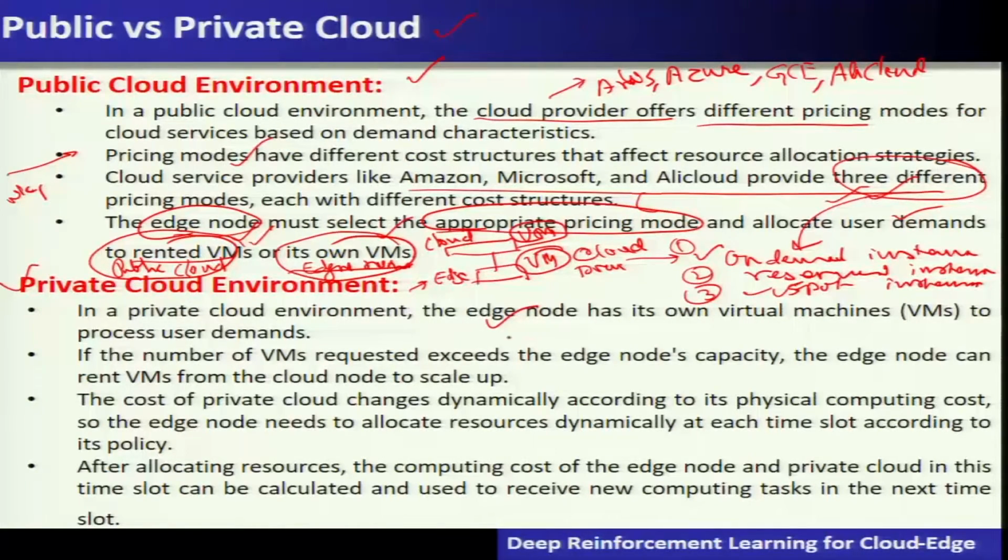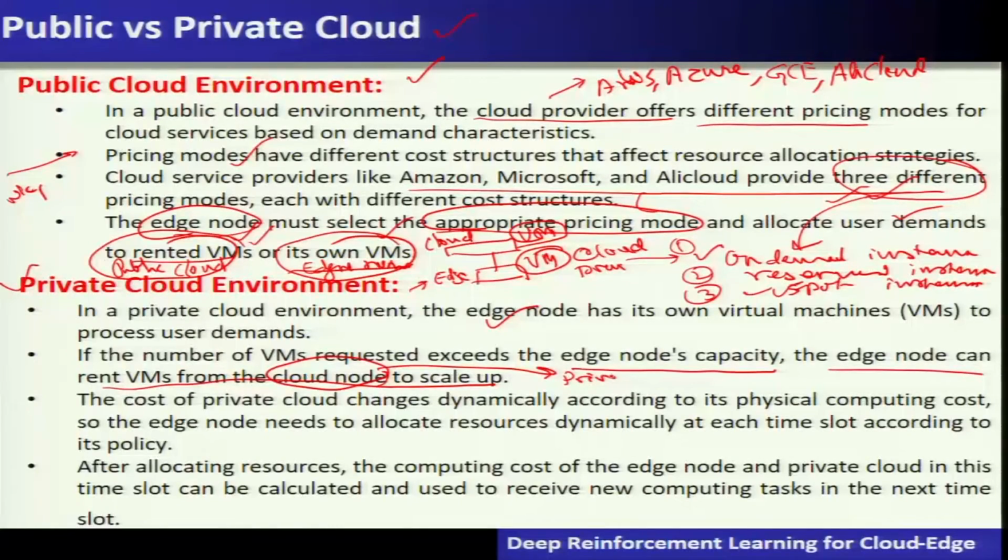If the number of virtual machines requested exceeds the edge node's capacity, the edge node can rent virtual machines from the cloud node to scale up. Now this cloud node will be the private cloud, which is only accessible to the organization's needs, not to other organizations or the public. That is why it is called a private cloud.